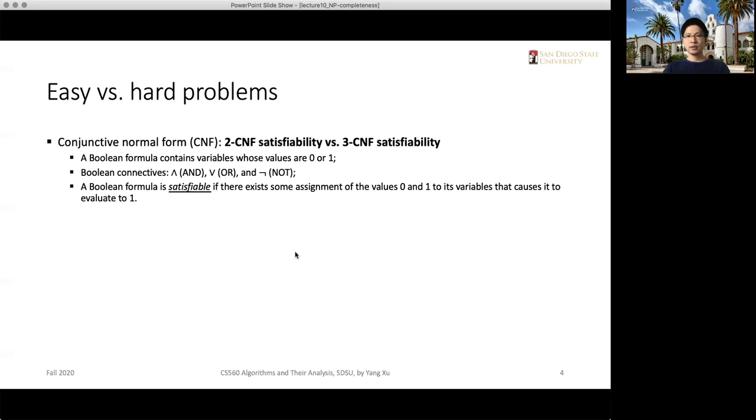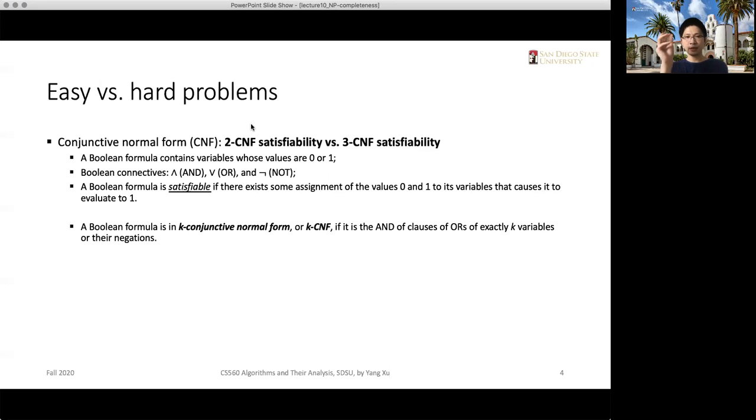Okay. So this also, we have the numbers 2 and 3 before the CNF. So the meaning of these two numbers is that, if the formula is a K-conjunctive normal form, then it means it is an AND of clauses of ORs of exactly K variables.